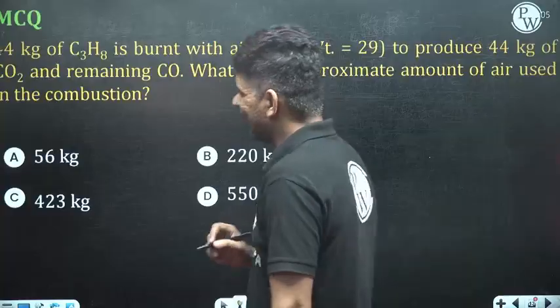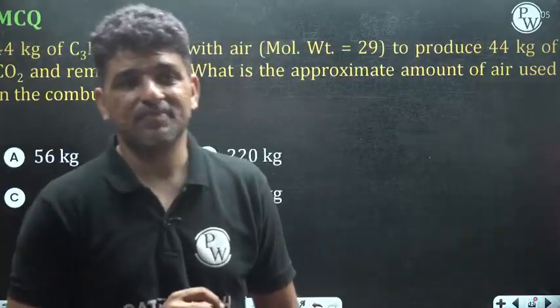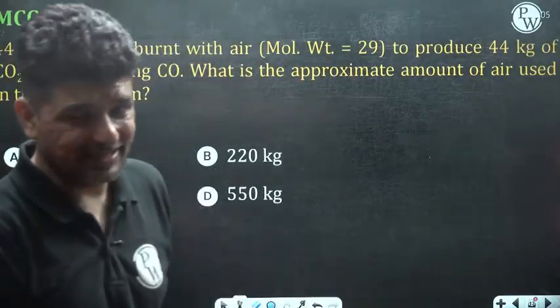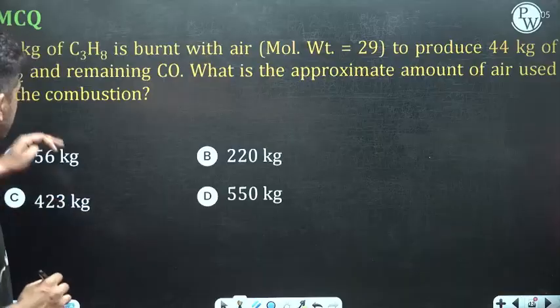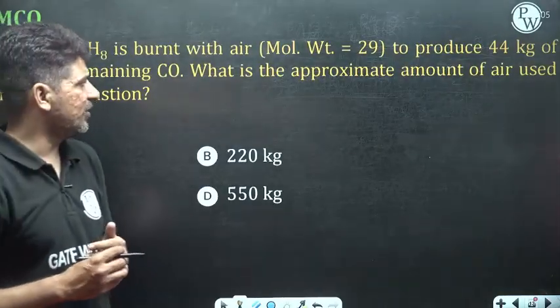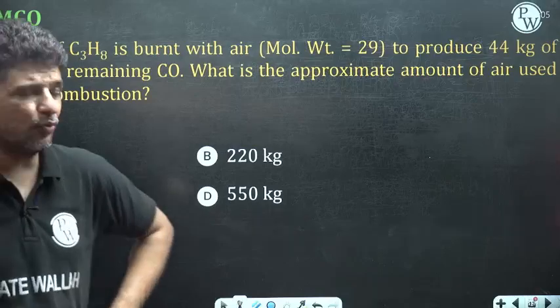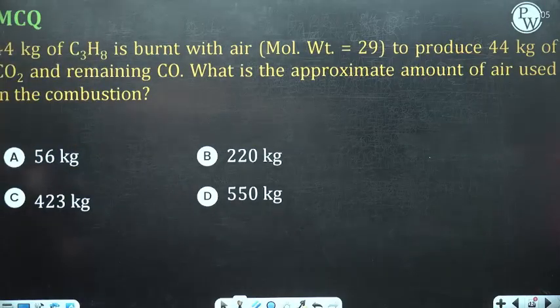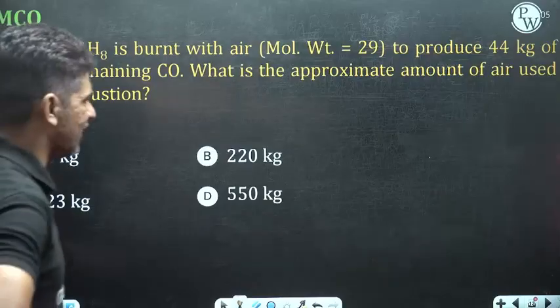Okay. Again, there is a question of combustion. This question was again a very easy question, not very difficult. It says 44 kg of C3H8, that is propane, is burnt with air, that has molecular weight 29, to produce 44 kg of CO2 and remaining CO. What is the approximate amount of air used in the combustion? So he is saying that CO, carbon monoxide, is produced.